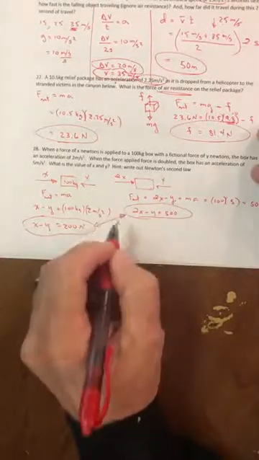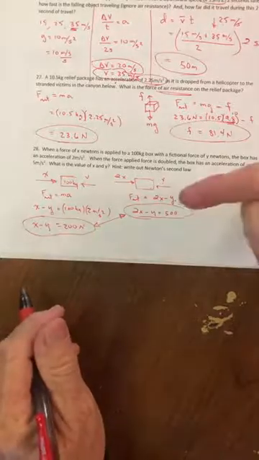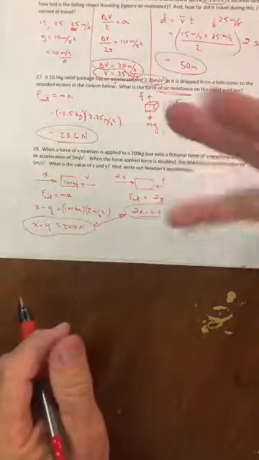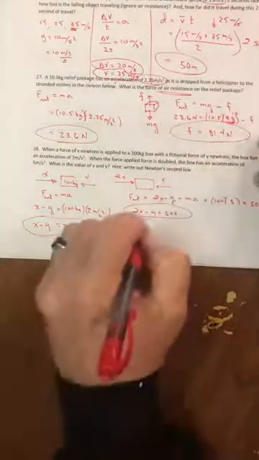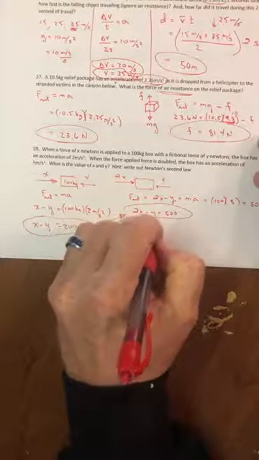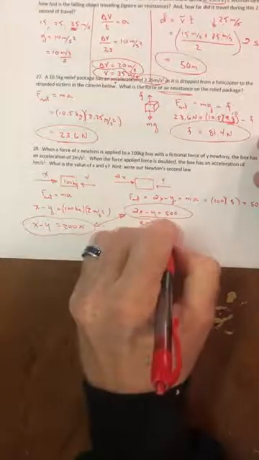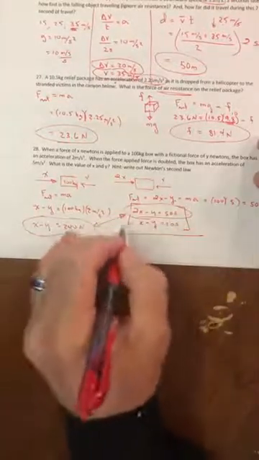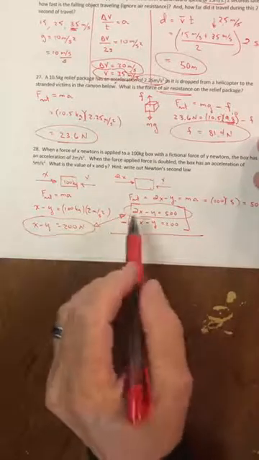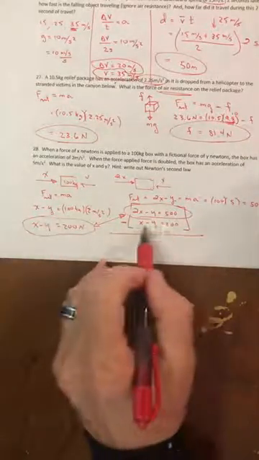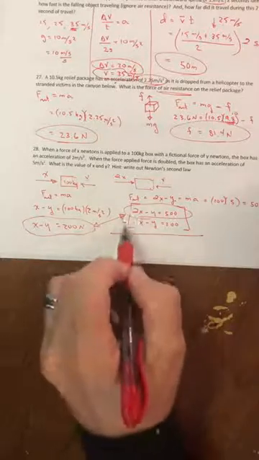And you've probably learned to do things like substitution, elimination, Cramer's rule. This one actually looks really good for elimination. So I'm going to take the two equations and subtract the bottom one from the top one. So I've got 2x minus x.